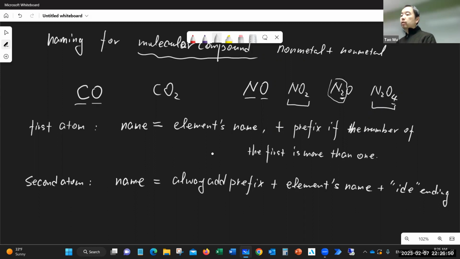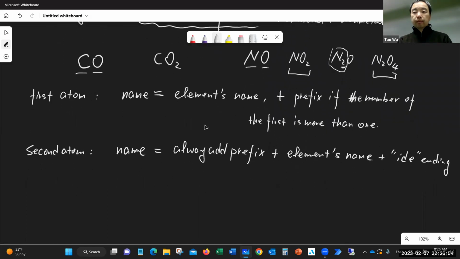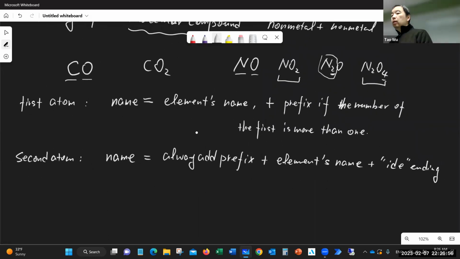So this is for the second one. First, let's talk about what the prefixes are, and then we're going to give some examples of the names of those molecules.